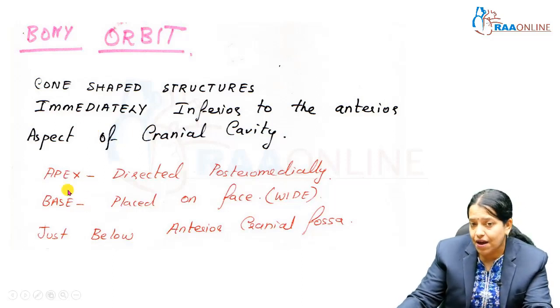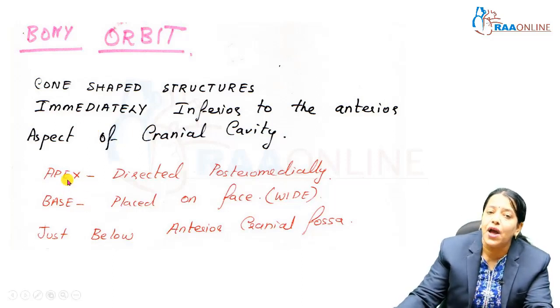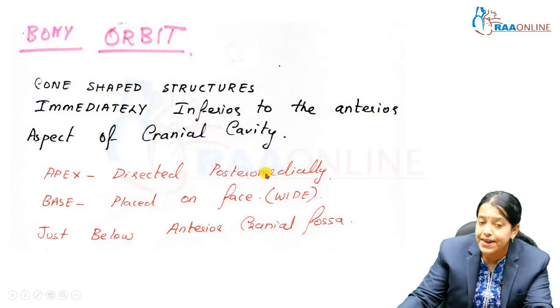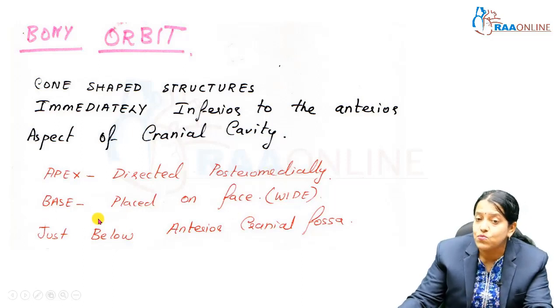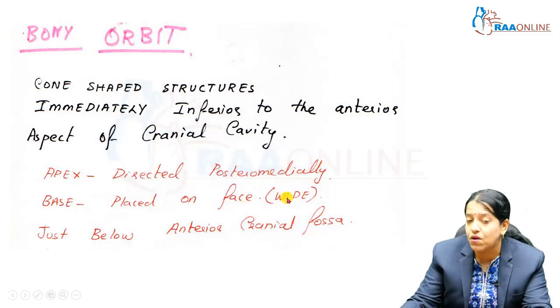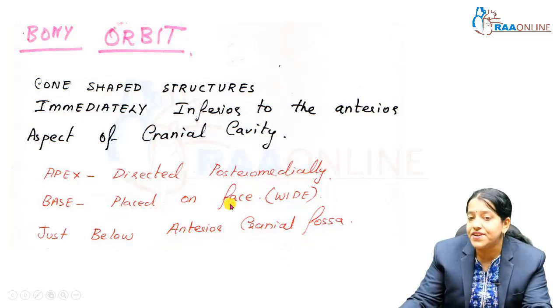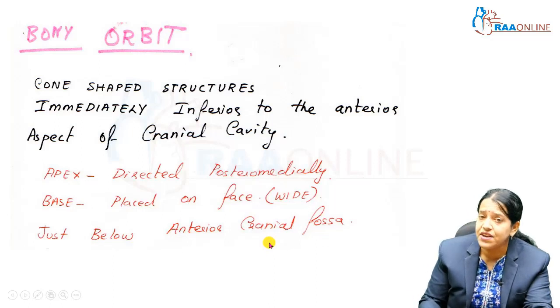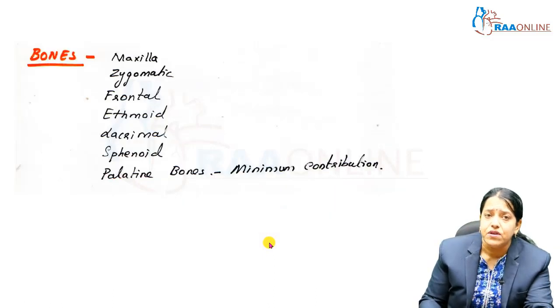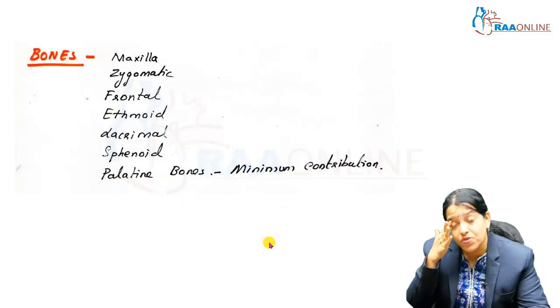Now it has an apex, which I have already told you, is directed posterior medially. It has a base which is placed on the face and it is wide, and it is lying just below the anterior cranial fossa. That I have told you already. So now coming to the bones which form the orbit.